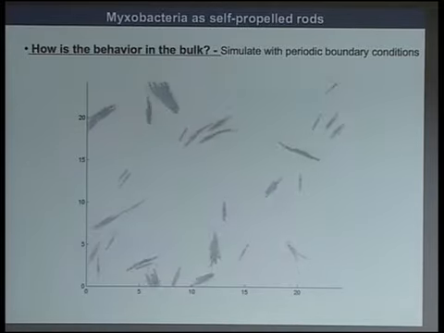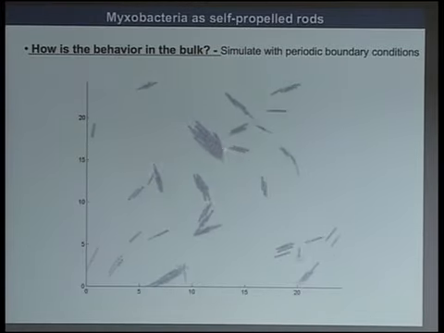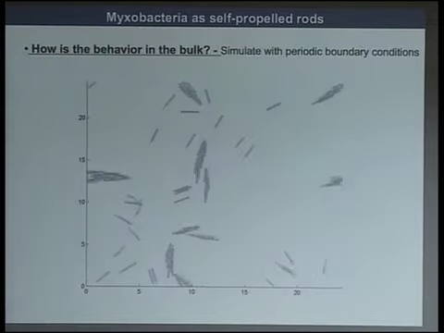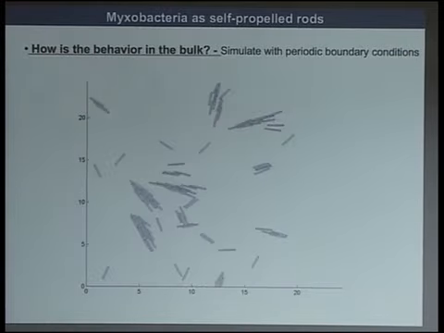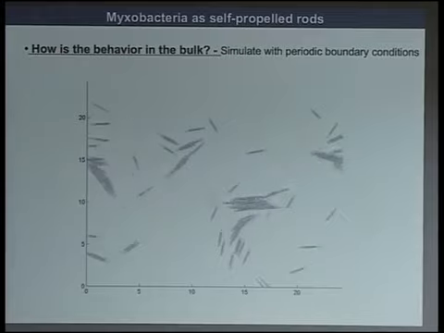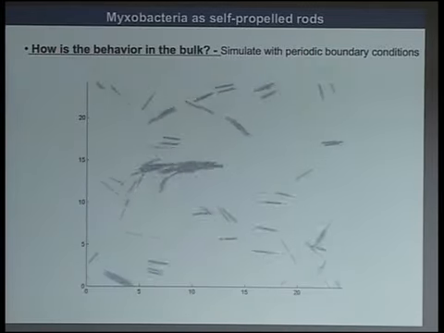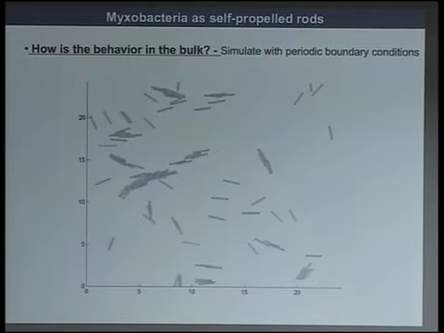This larger cluster typically tends to lose particles on the boundary, so you have interesting effects in this simple system, which only has self-propulsion and volume exclusion. So how can we understand or characterize the kind of collective effects that we observe here?